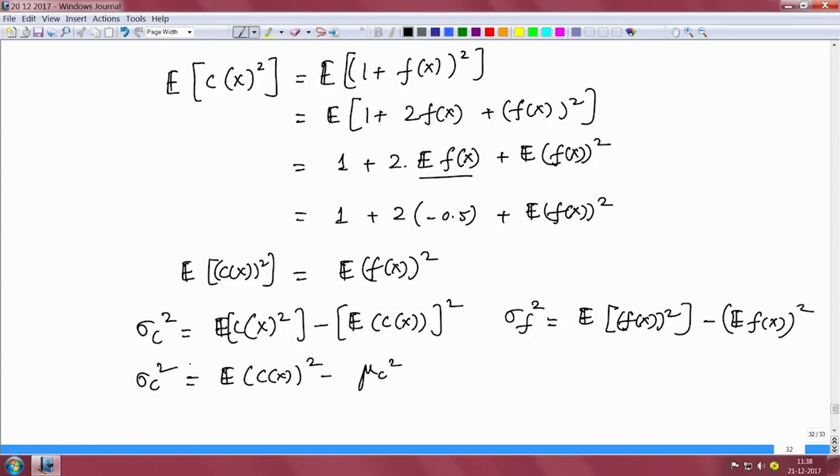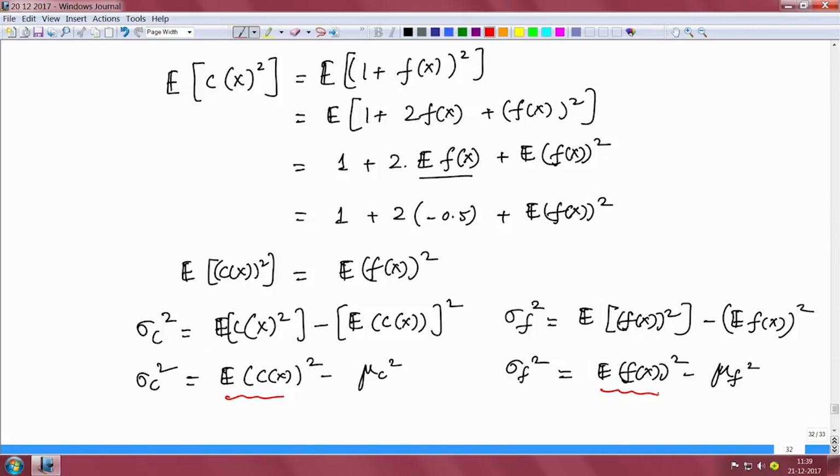So this is sigma c squared, and sigma f squared is the expectation of f of x squared minus mu f squared.